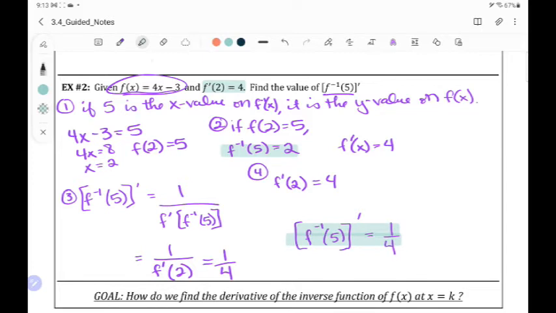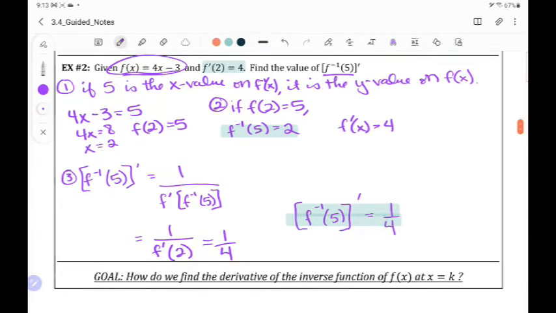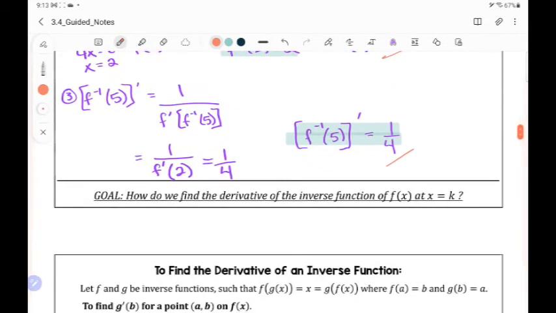I feel like we didn't necessarily need to write this part out because they gave it to us in the question. So the inverse of f at 5, taking the derivative, is 1/4. Notice the derivative of the inverse and the derivative of the function are reciprocals. So for example, here and here, these are reciprocals. All right, let's go to the next page.